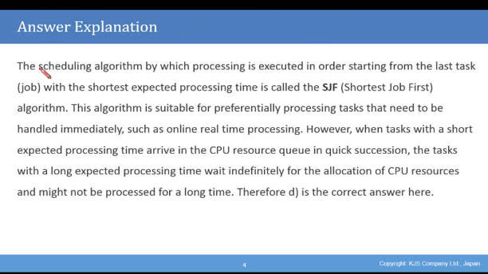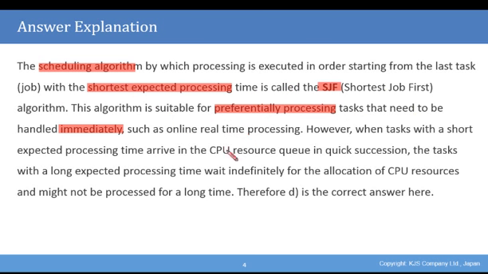Here, the scheduling algorithm by which processing is executed in order starting from the task or job with the shortest expected processing time is called SJF, or shortest job first algorithm. This algorithm is suitable for preferentially processing tasks that need to be handled immediately, such as online real-time processing.